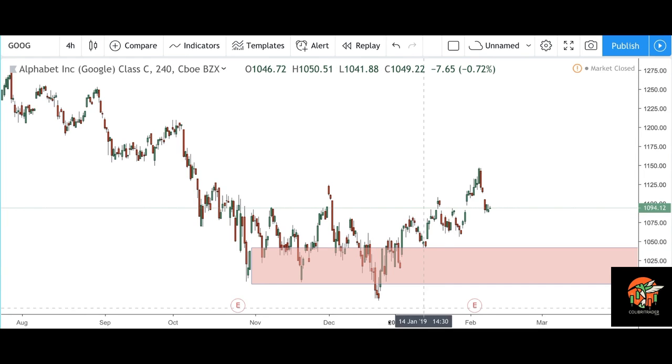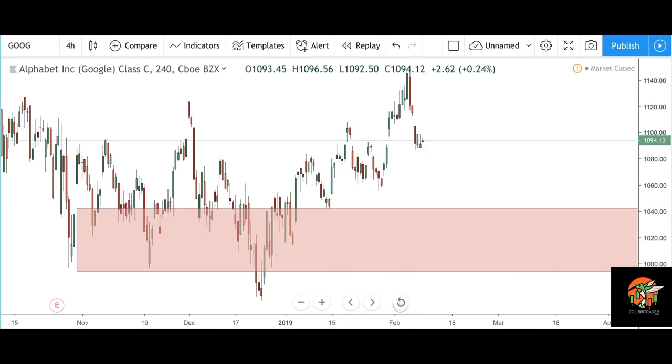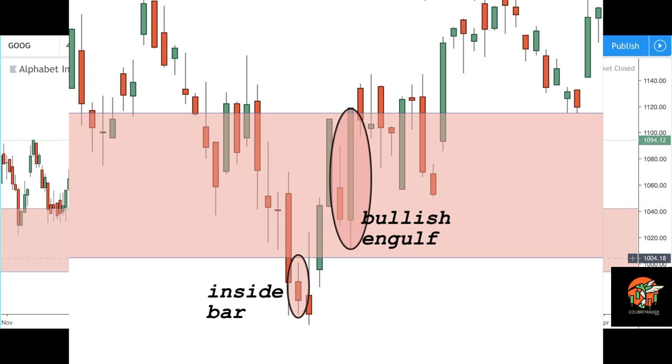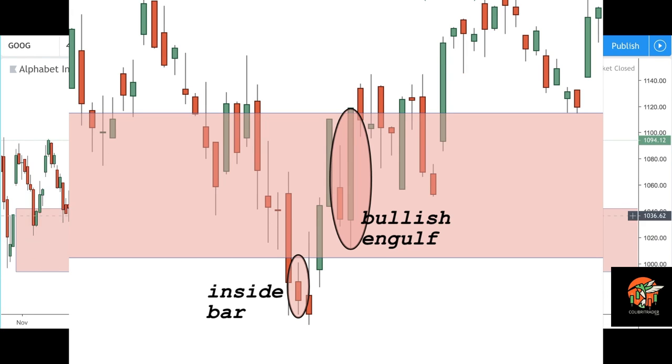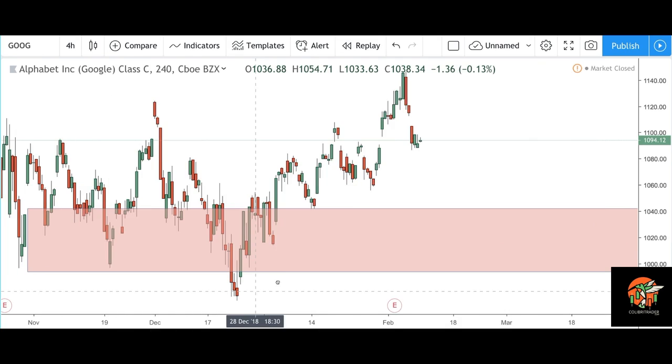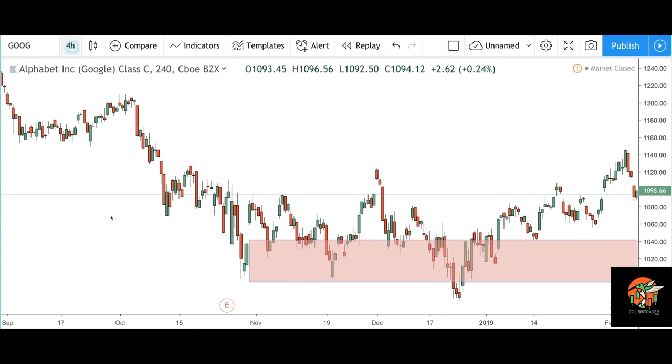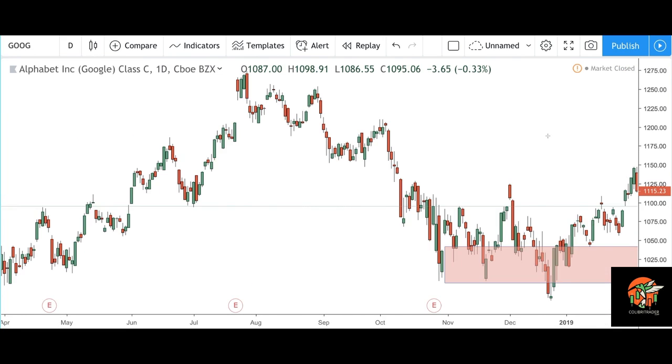And when you go to the 4-hour chart, you'll be looking for a confirmation from price action, and the first confirmation is this candle here, which is an inside bar, and then you have a reversal of the trend, and you have another bullish engulfing bar here, and then another bullish engulfing here. So you have plenty of other confirmations that can help you to take a decision.